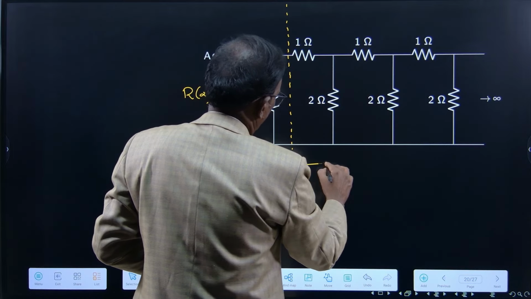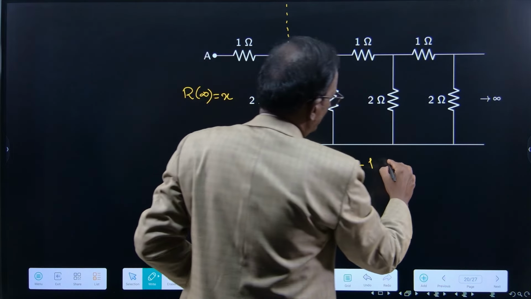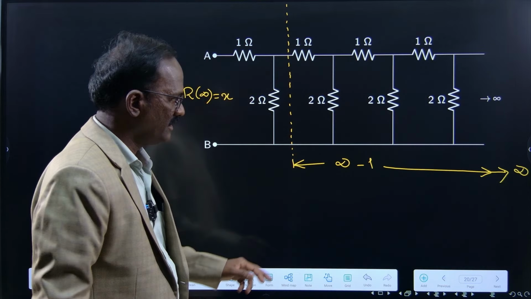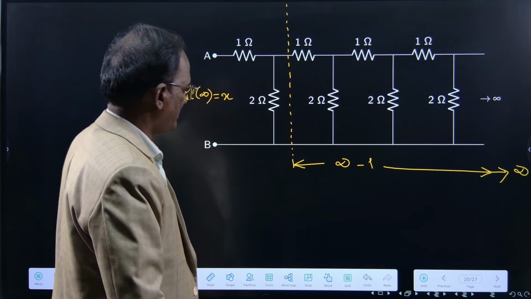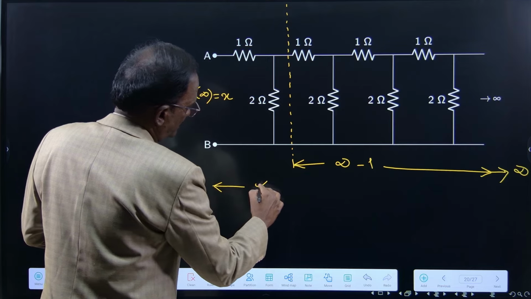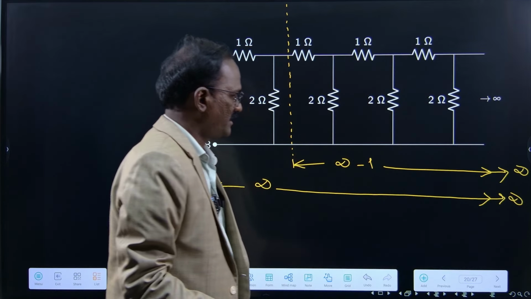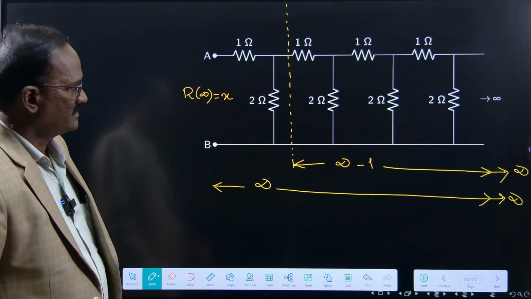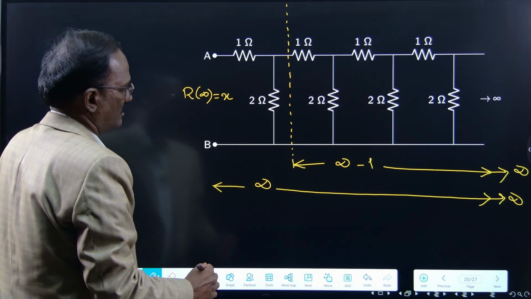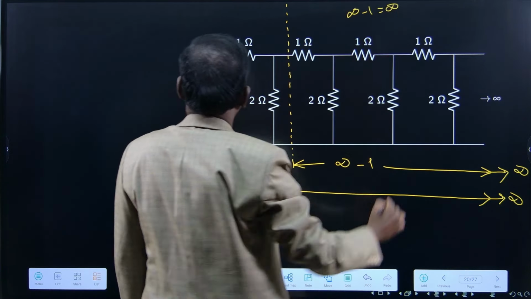So the remaining part has infinity minus 1 sets, extended up to infinity. If you consider this part also, this is infinity. So we know infinity minus 1 is also infinity.